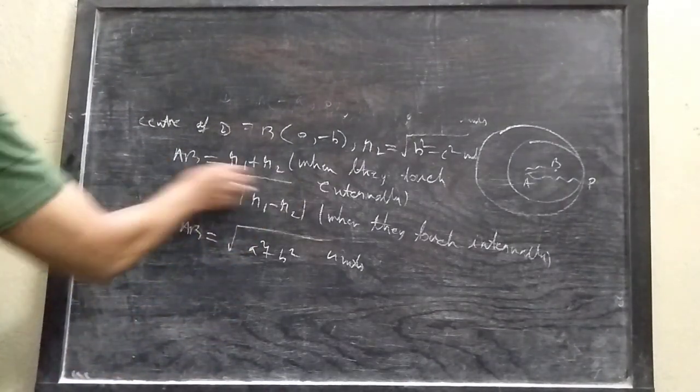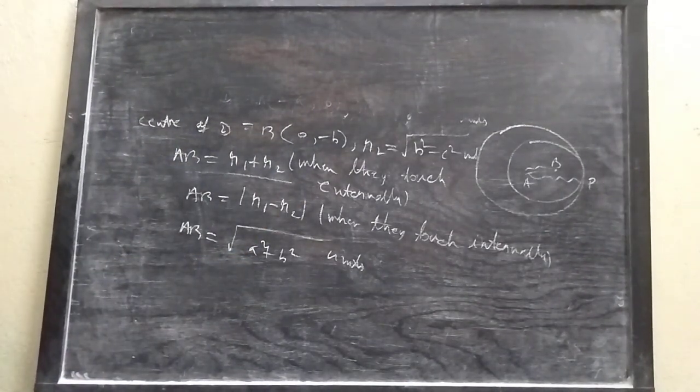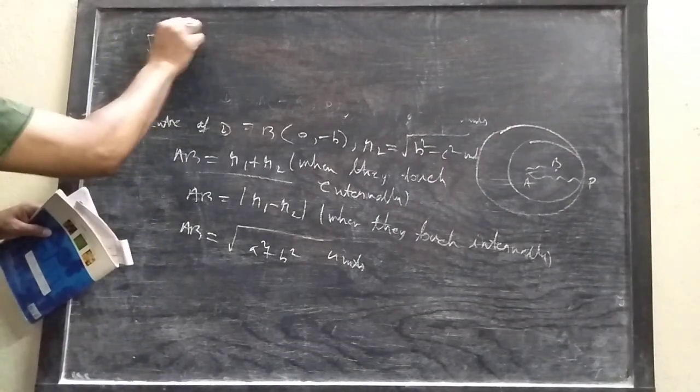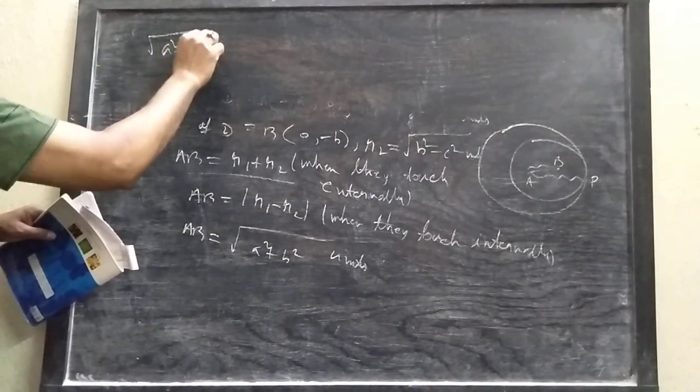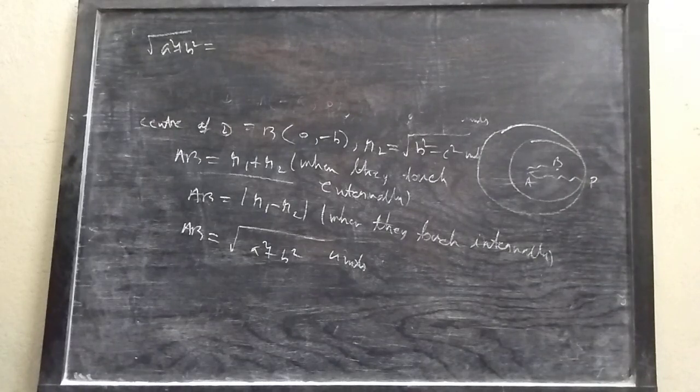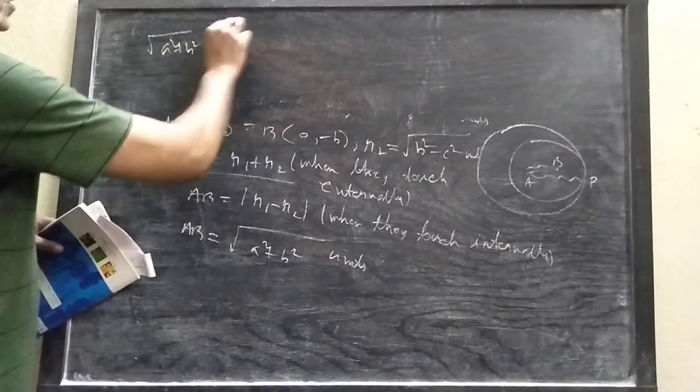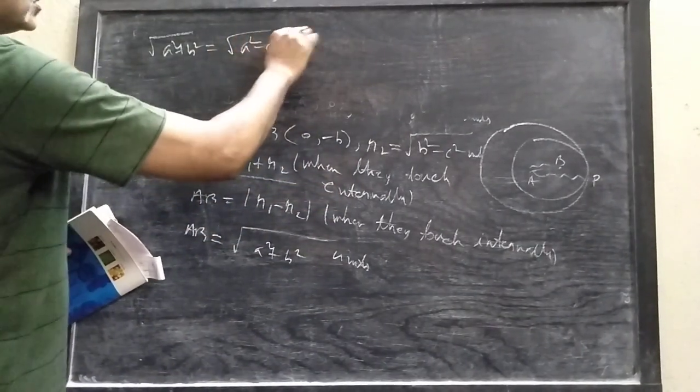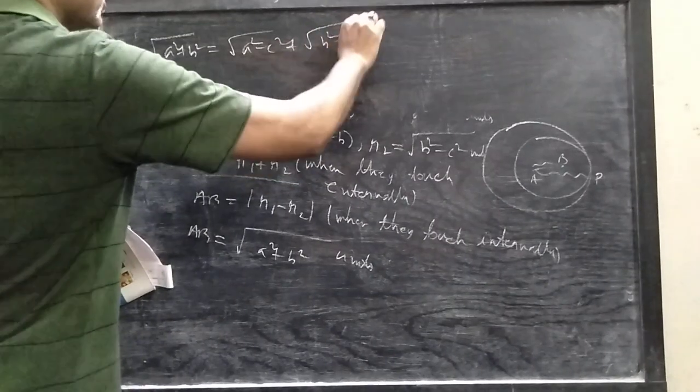First, let us solve this condition. That is, we have root over of a square plus b square equals r1 plus r2. That is root over of a square minus c square plus root over of b square minus c square.